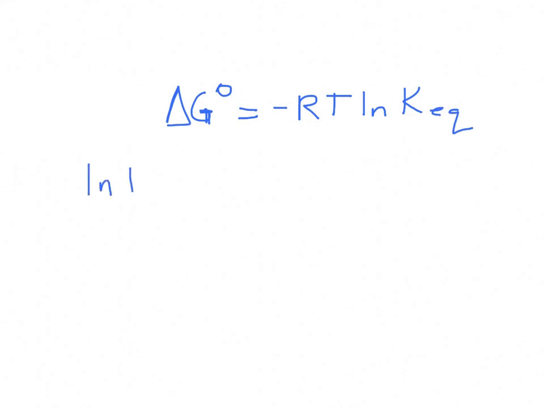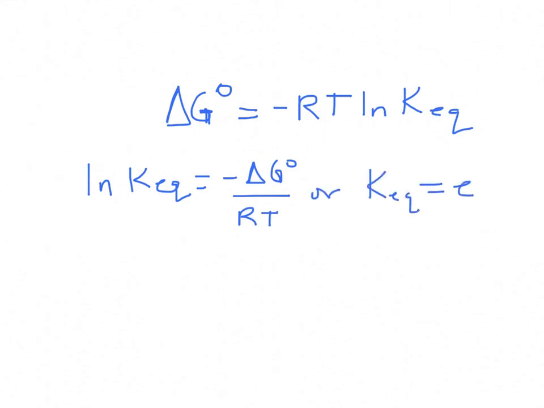Just to review, the Gibbs free energy under standard conditions is going to equal negative RT ln KEQ. If we rearrange this, ln of KEQ equals negative delta G over RT, or the equilibrium constant equals e to the negative delta G divided by RT.